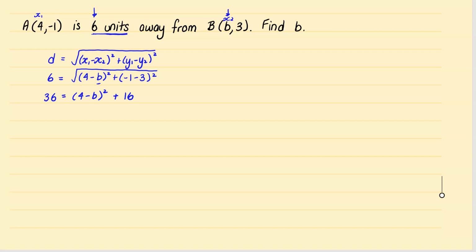Now you might be tempted to expand this bracket here, but don't. Okay, I'm going to get rid of the plus 16. To get rid of a plus 16, we do the opposite. Opposite of plus is take, so this becomes 36 take 16. And I'm left with 4 minus b squared on this side. 36 take 16 is 20.